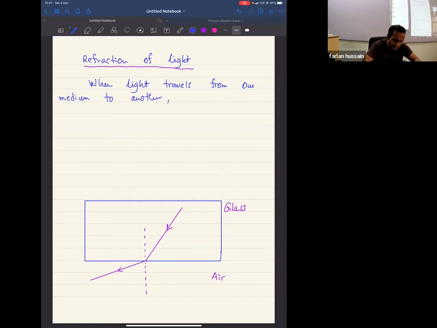When light travels from one medium to another, it deviates from the original path. This is known as refraction.